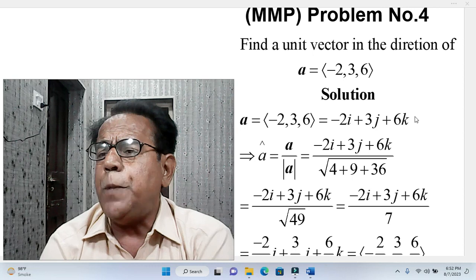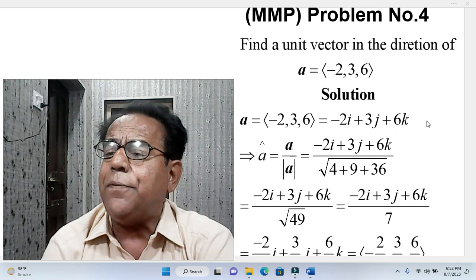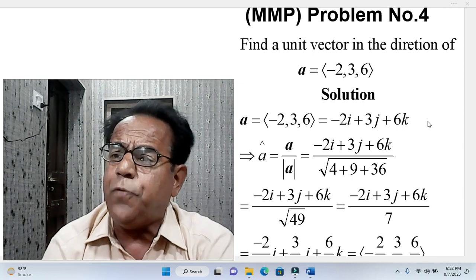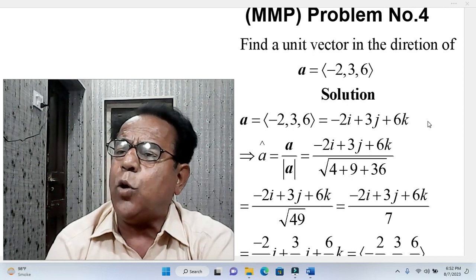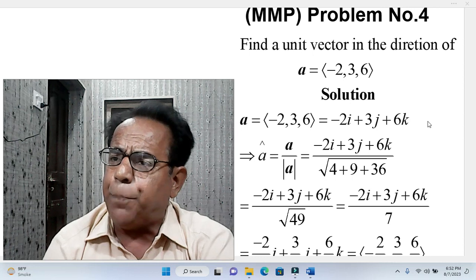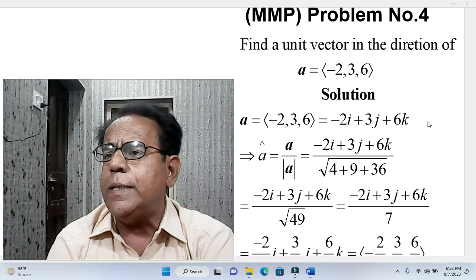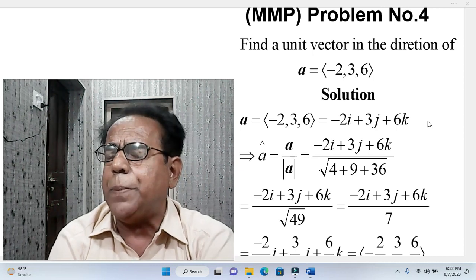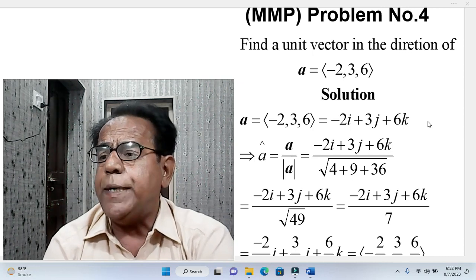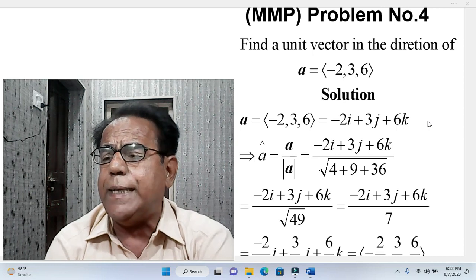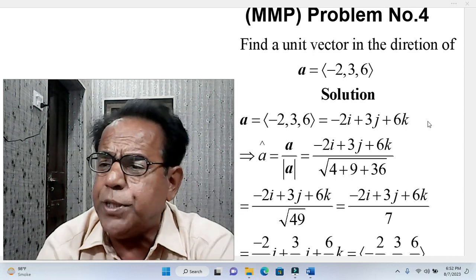Okay, so in place of a we have written simply -2i plus 3j plus 6k, while in place of magnitude of a we will take care of all the three components. Okay, that is under root 2 square will become 4, 3 square will become 9 and 6 square will become 36, and after adding we will get the square root of 49, and we know that 49 is the square of 7, so the square root of 49 is equal to 7.